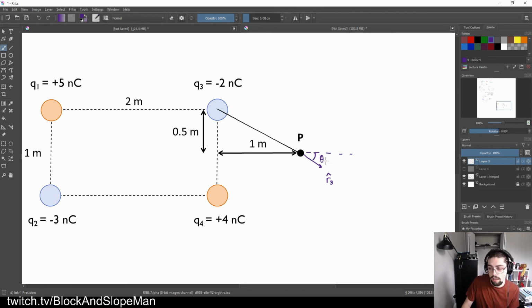This is what I'll call theta 3. And I do a similar thing as last time. I say, okay, well, here also is theta 3. I see I've got a big triangle where one side is 0.5 and one side is 1 meter. If I plug in all of those things, I should find my theta 3, because it's going clockwise, negative 26.6.